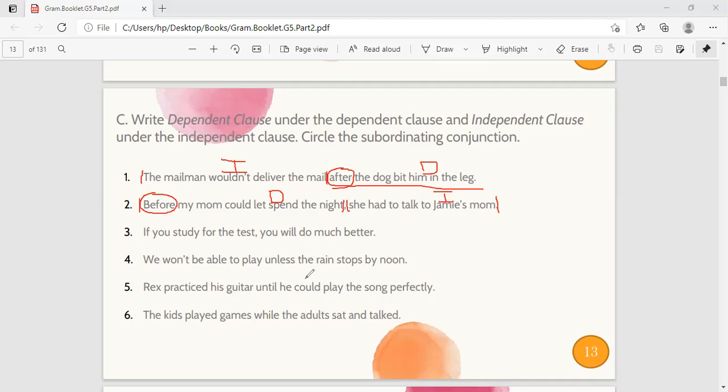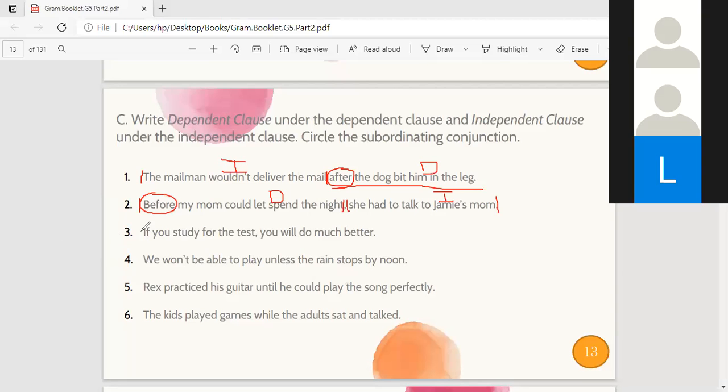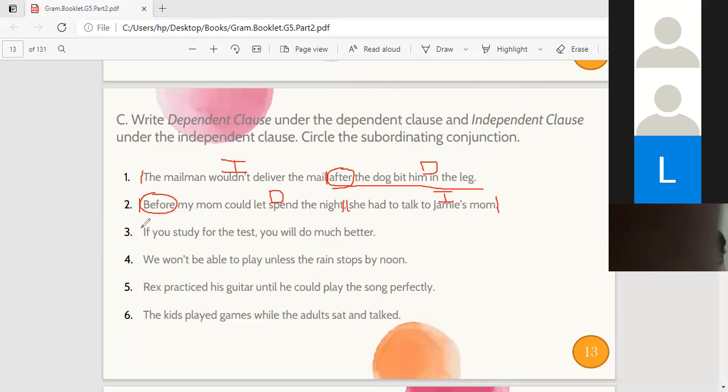Thank you. Ibrahim? Yes. Number 3, please, miss. If you study for the test, you will do much better. If you study for the test, is that independent?